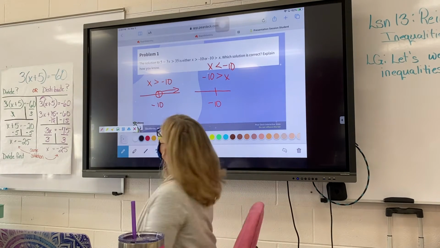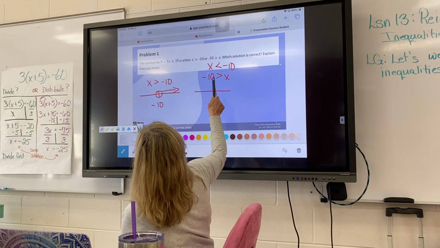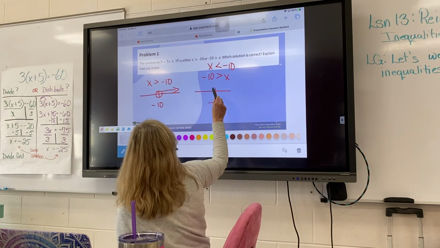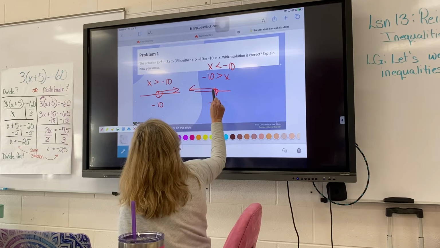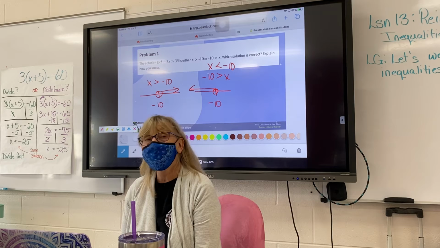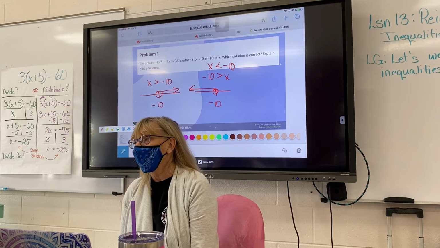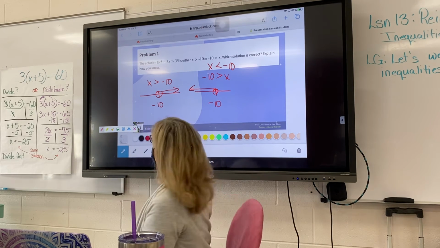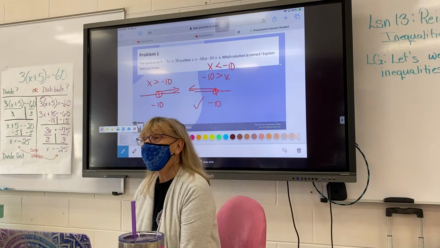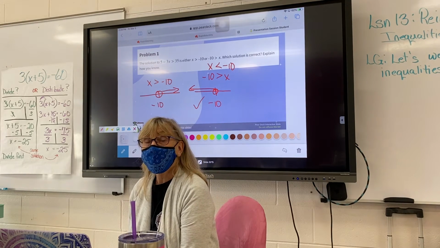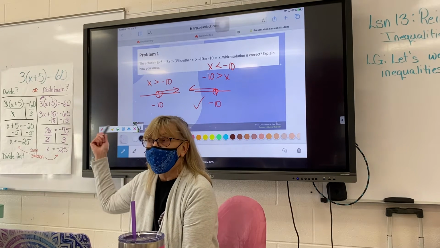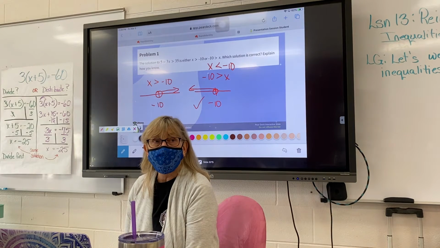So read it to yourself. Negative 10 is greater than x is the same thing as x is less than negative 10. Okay? Make sense? Yeah. And that's why this one is the true one, because 3 times 10 is 30, and you need something bigger than 30 for that second number there.